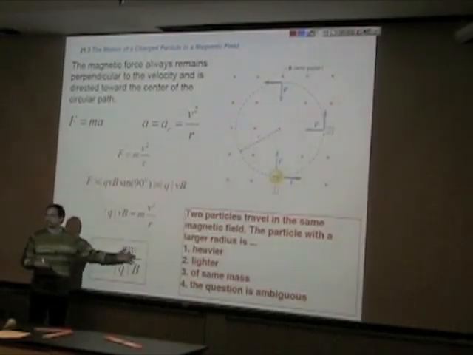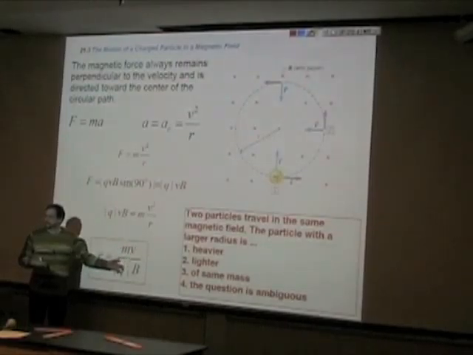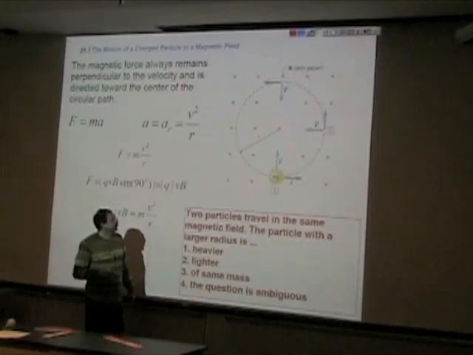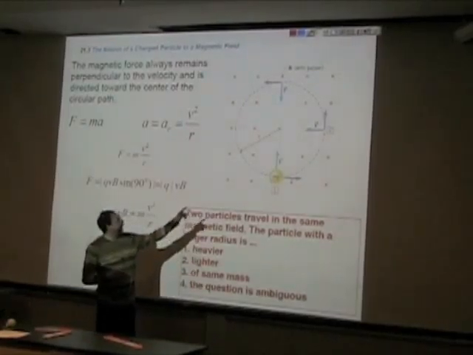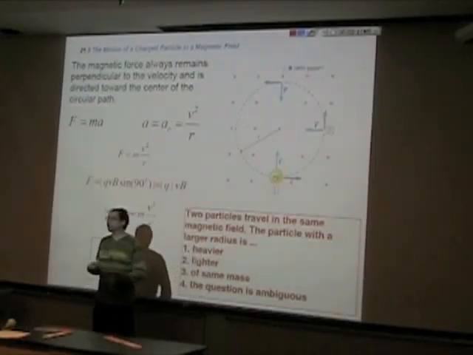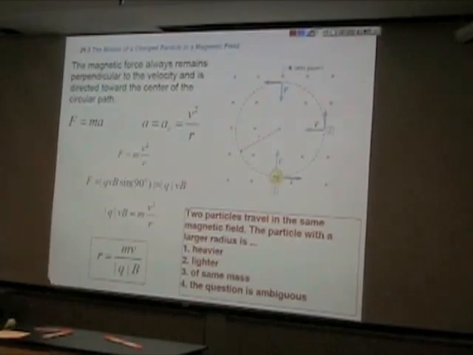It depends on 4 variables: mass, speed, magnitude of the charge, magnitude of the field. So if we have 2 different particles traveling in the same magnetic field, the particle with the larger radius, well, we cannot answer this question because there are more variables involved.